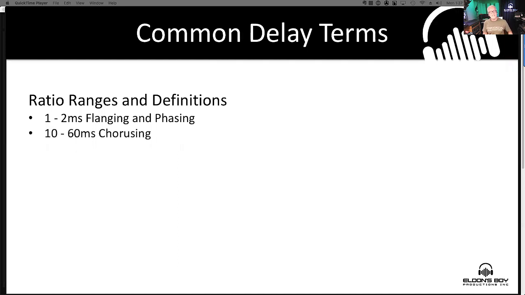As we move up in time, to 10 to 60 milliseconds, and this isn't hard math or hard rules, just generalizations, then you're looking at chorusing effects. Again, how you add modulation and depth to it can affect the chorusing and all kinds of effects on the delay itself, on how it adds with that source.